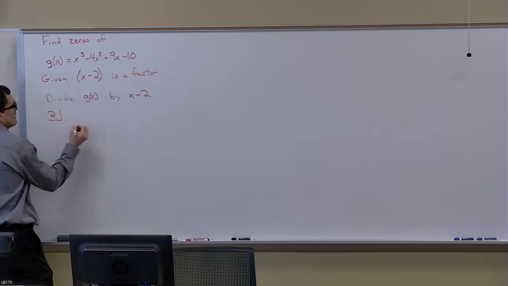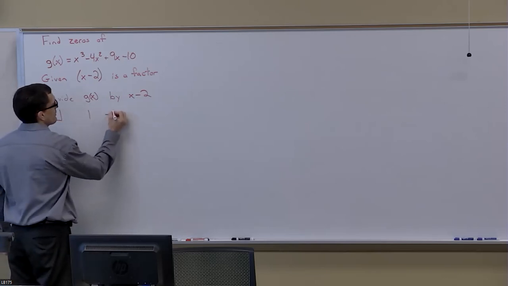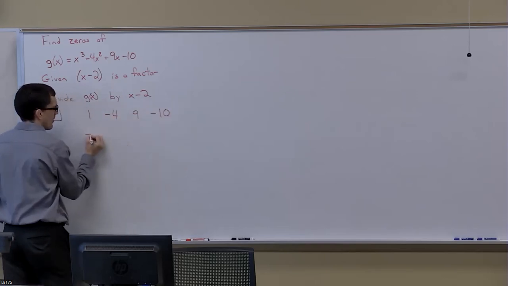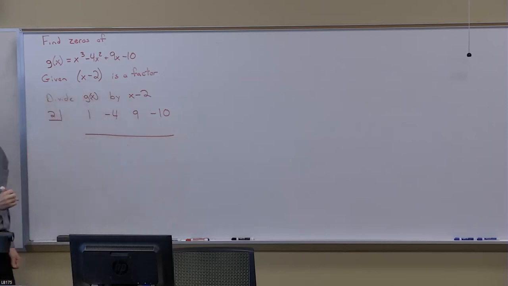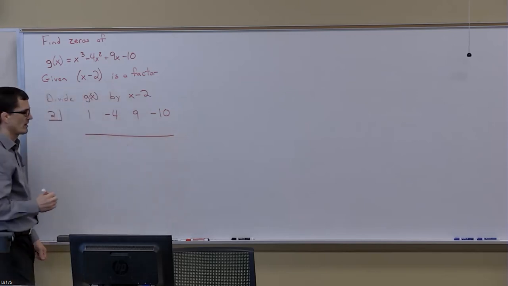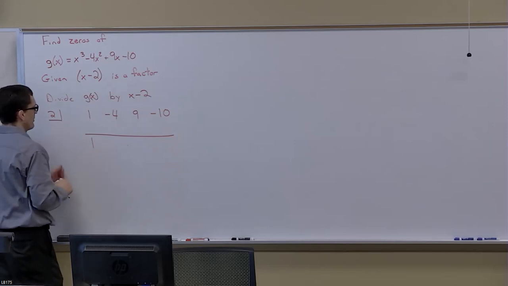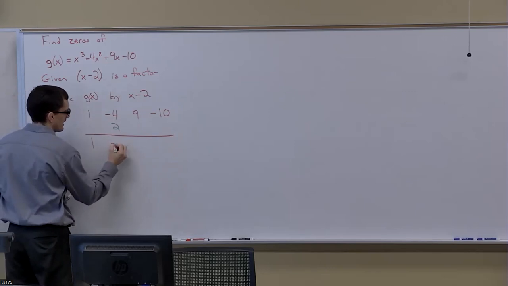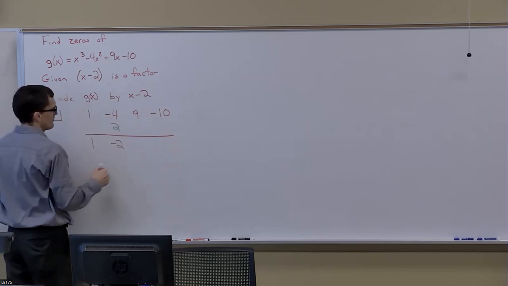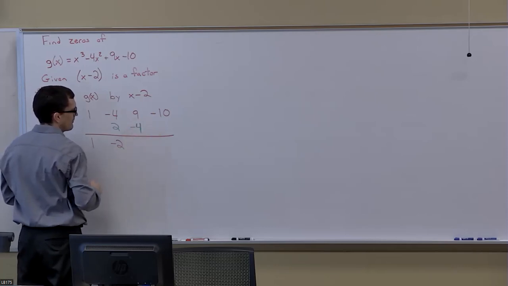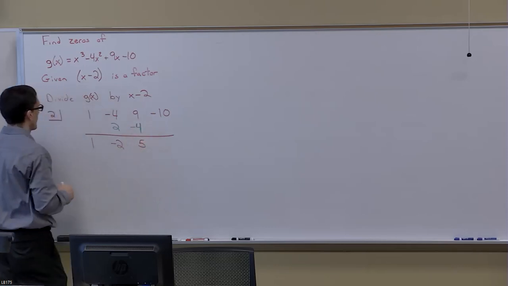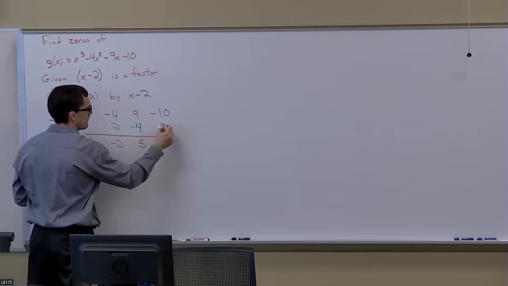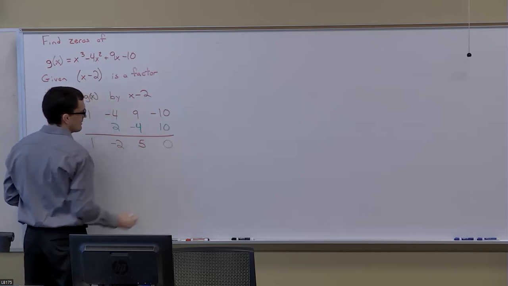And again, I'll use synthetic division because that's just a little bit quicker. In cases when we're dealing with x minus r, we can always do that. So 1 drops down, 2 times 1 is 2. Add those two up, you get a -2. 2 times -2 is -4. Add those two up, you get a +5. 2 times +5 is a +10. Add those two up, you get remainder 0.